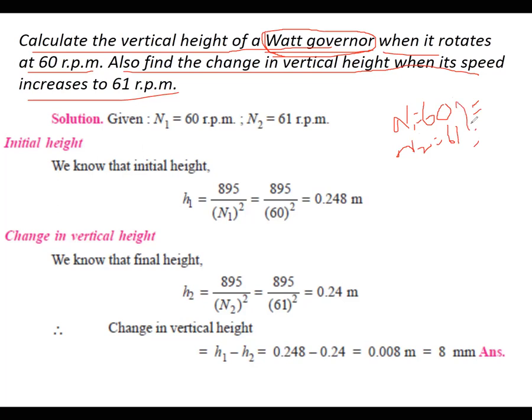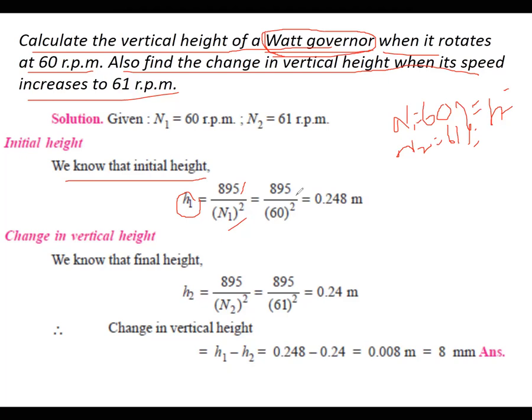So by changing 1 RPM, what is the height of the governor? By changing 1 RPM of speed, what is the height of the governor, that we have to take care of. So we know that the initial height h1 is equal to what? The formula is 895 by N1 square, right?